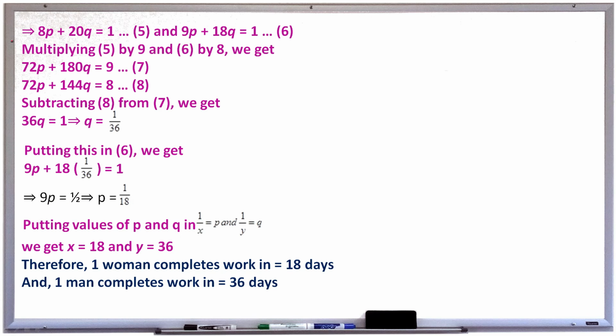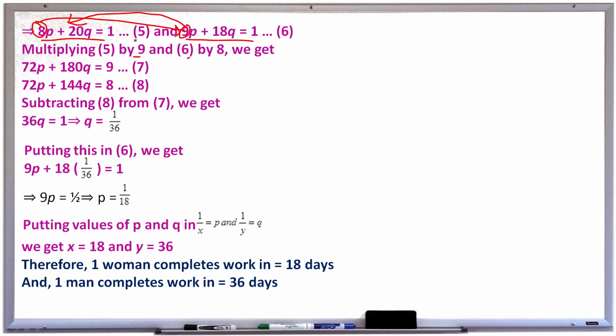Now simplifying, 8p plus 20q is equal to 1, equation 5, and 9p plus 18q is equal to 1, equation 6. Multiplying equation number 5 by 9, the coefficient of p in equation 6, and equation number 6 by 8, the coefficient of p in equation 5, the whole equations.